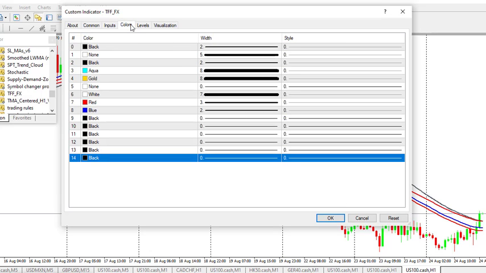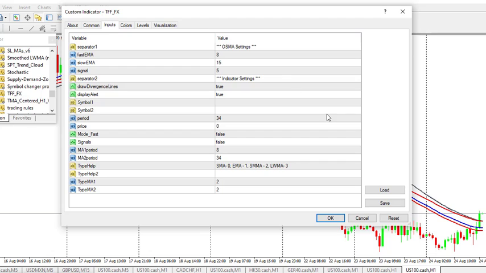Then the color here, you don't need to change anything at all. The only thing is the input value, make sure you enter it correctly. Fast EMA 8, slow EMA 15, signal value is 5. Then draw divergence.